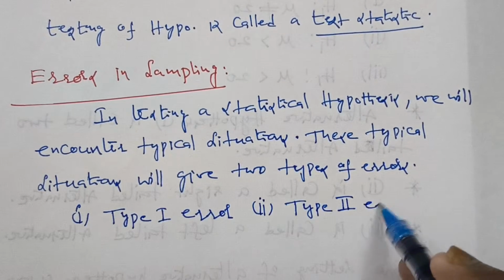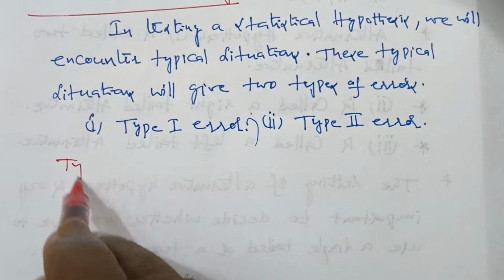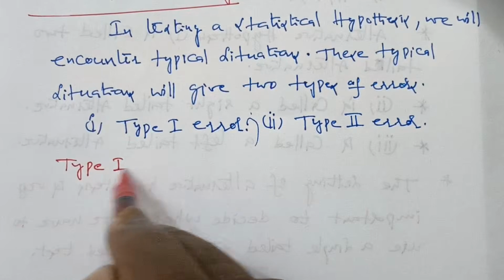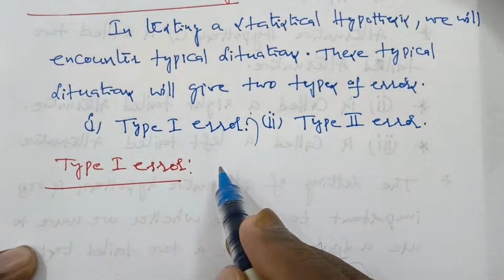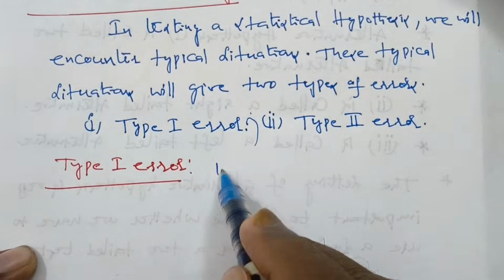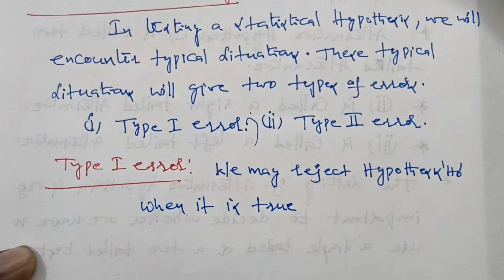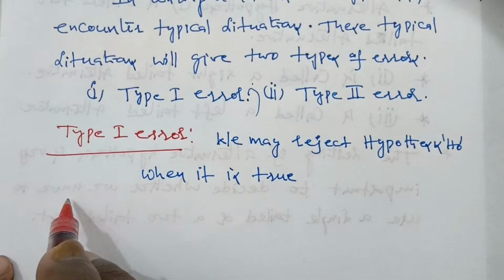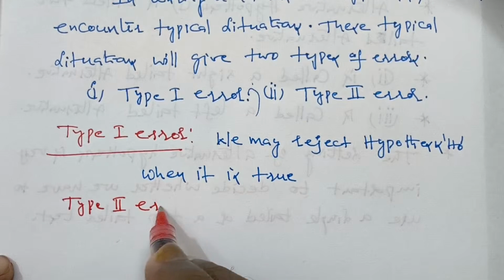What is type 1 error? Type 1 error means suppose null hypothesis is rejected when it is true. That is, we may reject null hypothesis H0 when it is true.